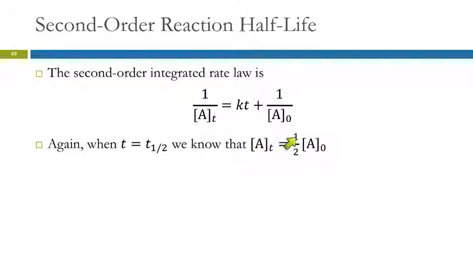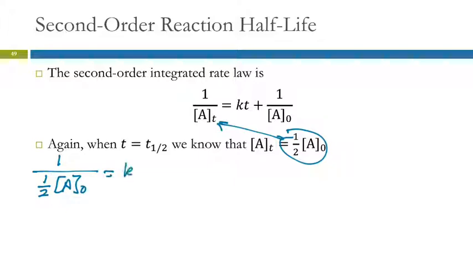So we're going to plug in 1/2 of A0 for A_t. We have 1 over 1/2 A0 is equal to kt plus 1 over A0.